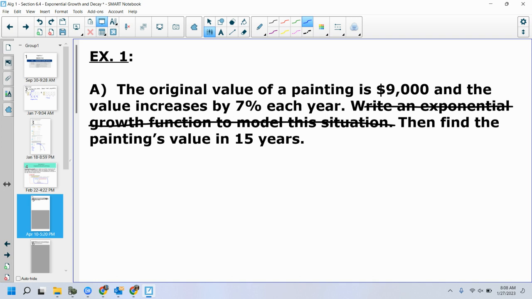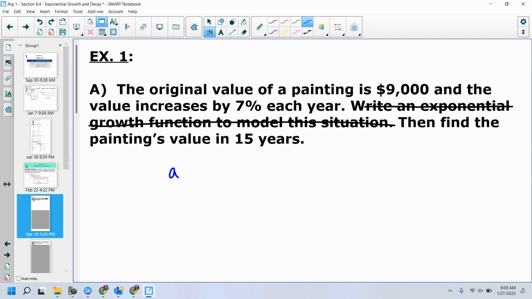Mason? There's an original value, and it keeps growing. How does it keep growing? By a percent. Exactly. And that's what tells you it's exponential rather than linear. Percent increase, right? Percent growth. That is exponential.